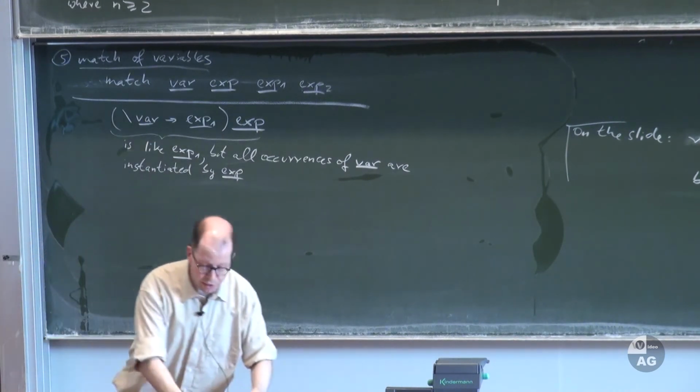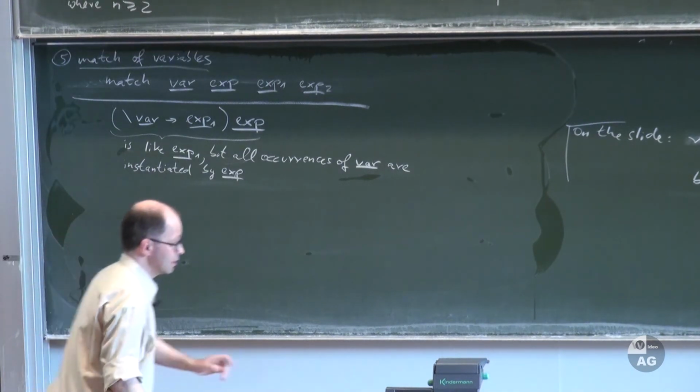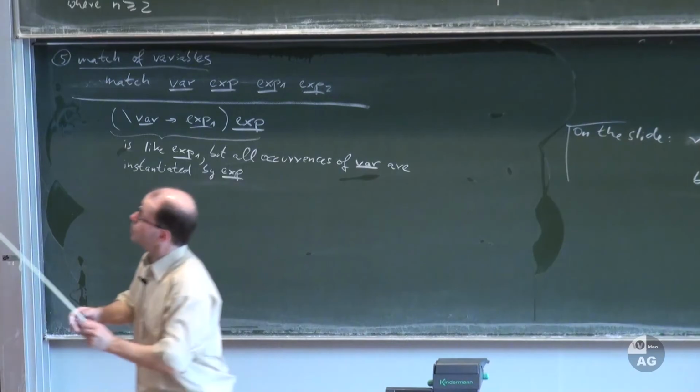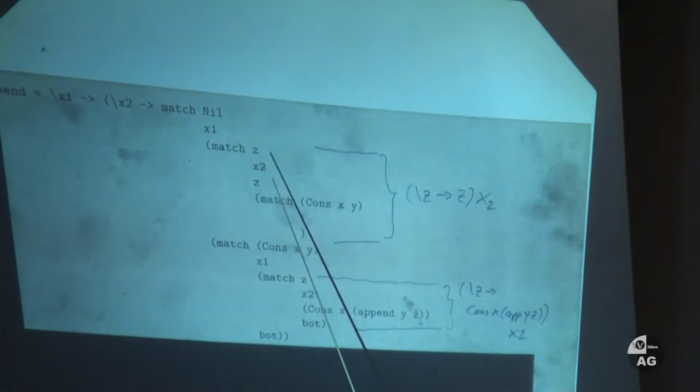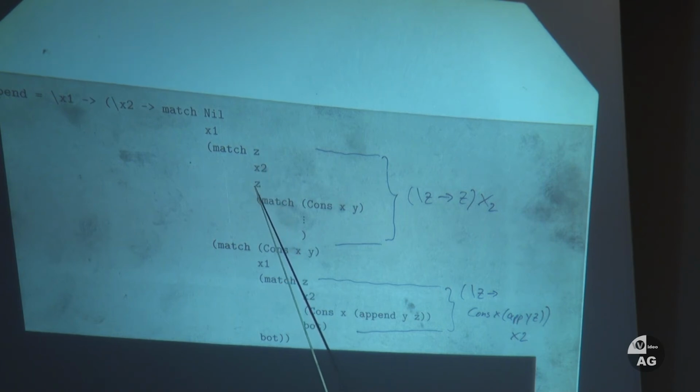So if I do this in our example, then this means that here I match z against x2. So the result is z. So the result is like z, but all occurrences of z are replaced by x2.